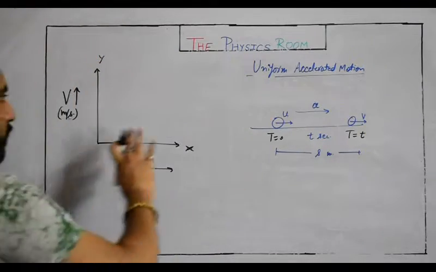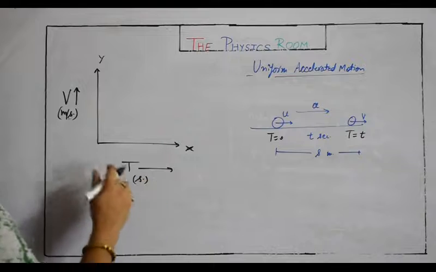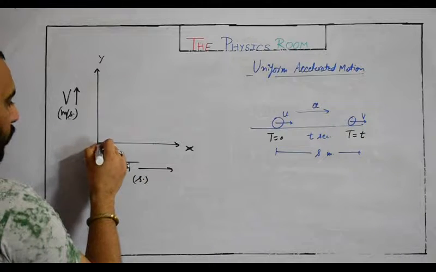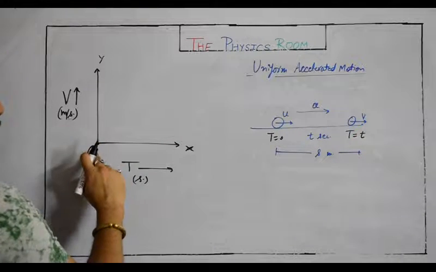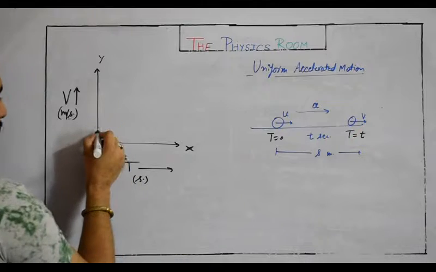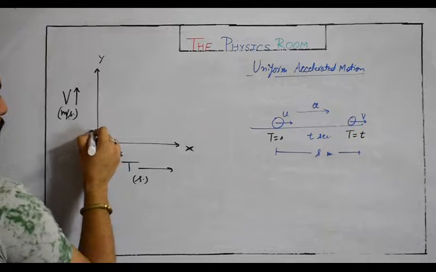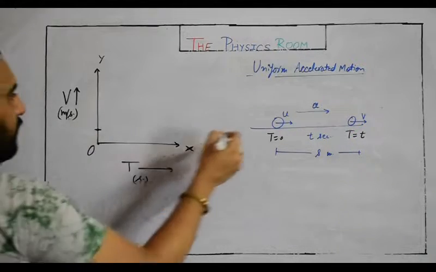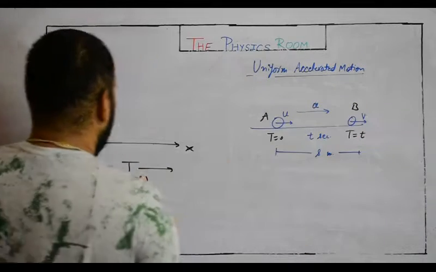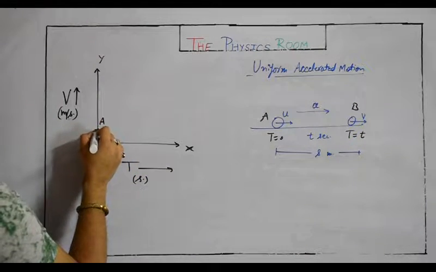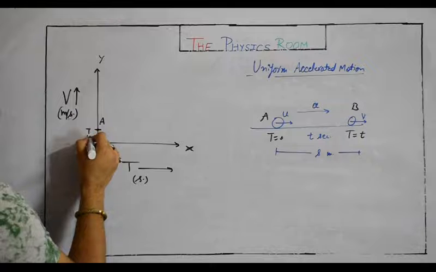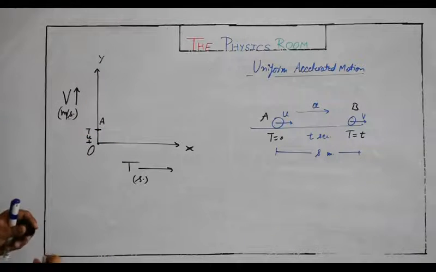So at time 0, at the origin, velocity is u. Let's say these are the points A and B. Point A you will get here, obviously this length is u on the y-axis.